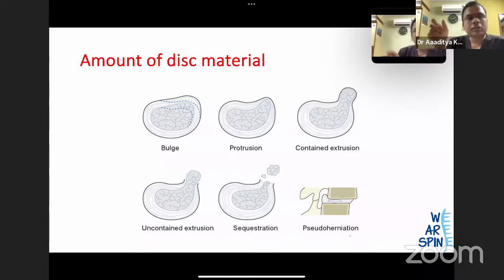In uncontained extrusion, the diameter of the herniation is broader compared to the base, and the annulus is breached. Sequestration is where there is complete disconnect of the extruded fragment from the original disc material. Pseudo herniation is not a true disc herniation, because this is usually seen in conditions like listhesis, where because of the offset between the two vertebral bodies, there is a pseudo or rather false disc herniation.